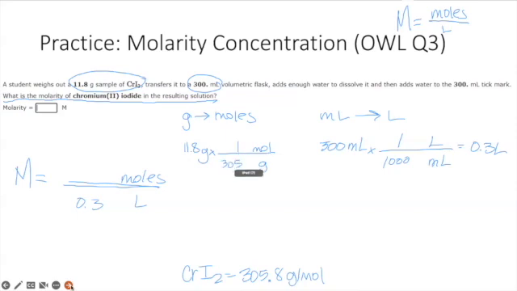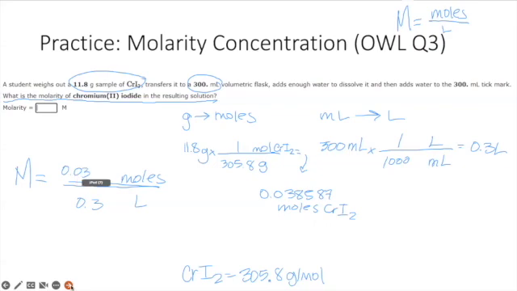There's 305.8 grams in 1 mole of CrI2. I'm running out of room here, so I'm going to put the answer down here. The answer is 0.038587 moles of chromium iodide. So now I have my top number.